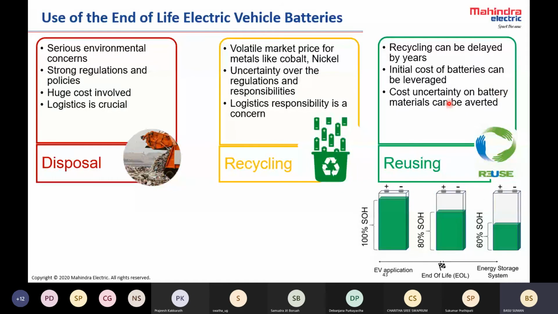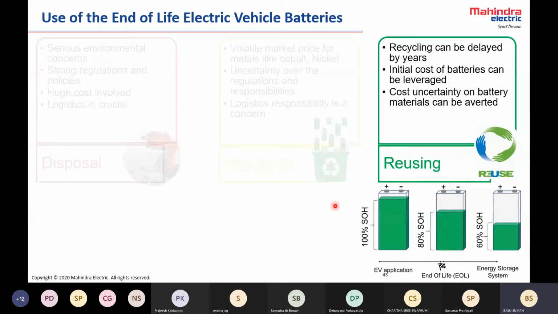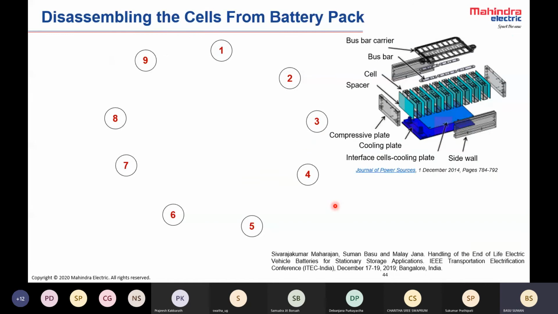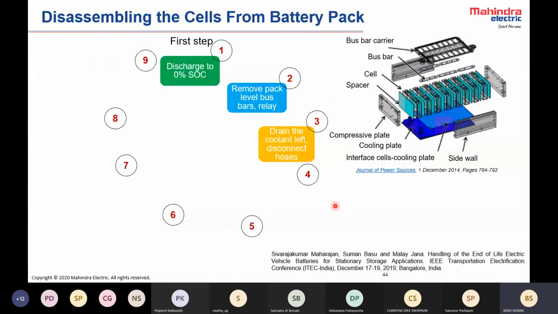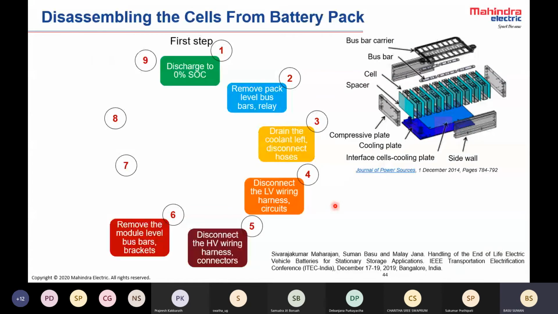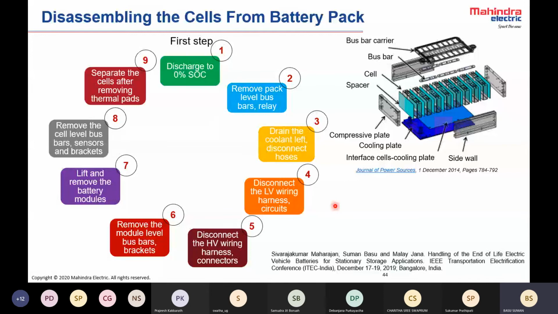So what we need to do is recycle and reuse. Reuse means we will have to open the battery pack. These are some of the steps that you need to follow, like discharge it, then remove the battery box, the bus bars, relays, etc. So these are standard ways of doing it.